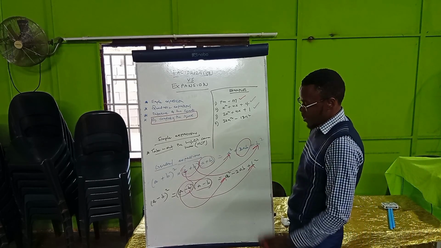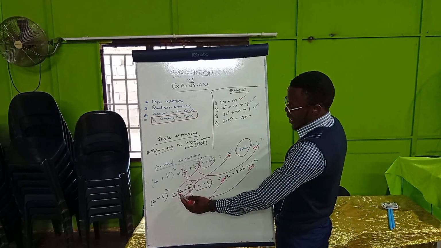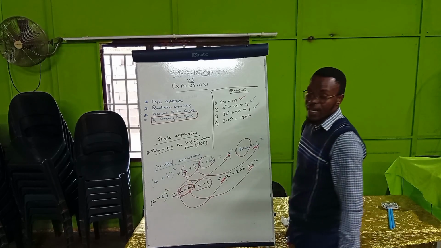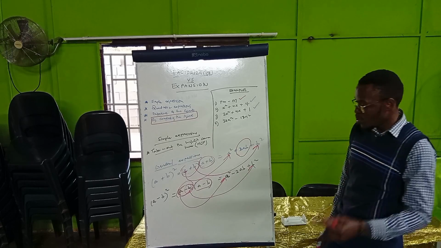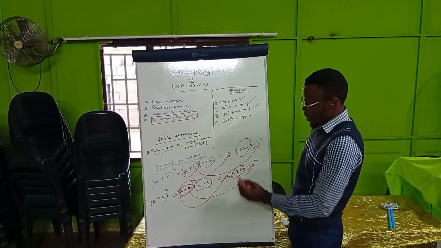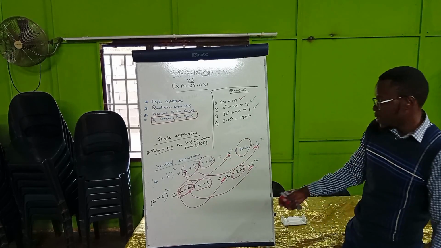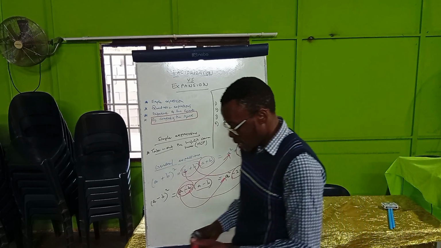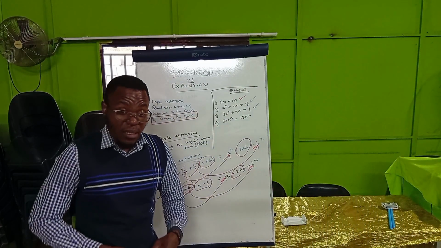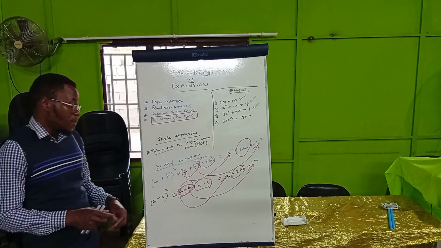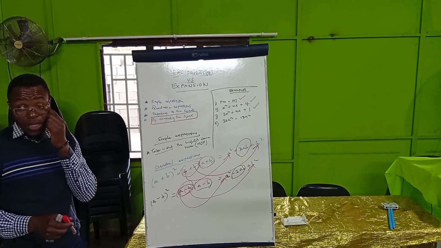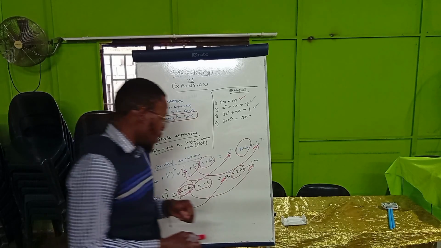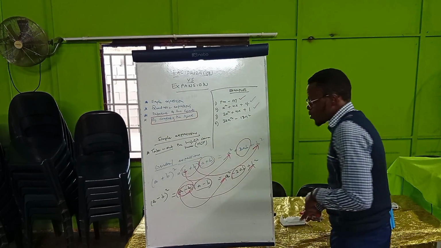So, b squared, then a times negative b is negative ab, times 2 is negative 2ab. So these are the expressions that you can always remember in order to expand a double bracket that has the same values or the same terms. Okay.